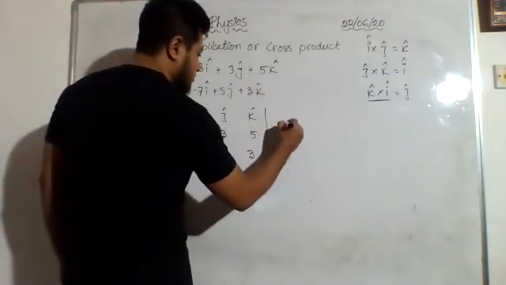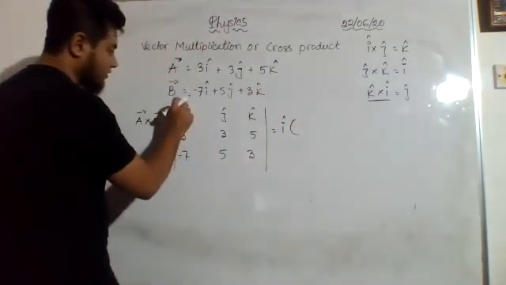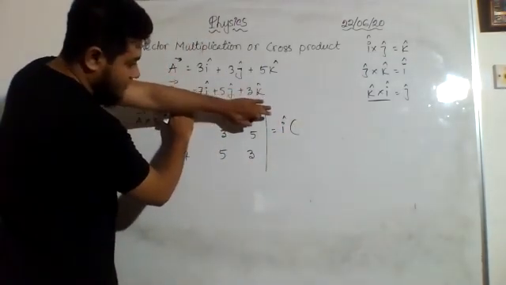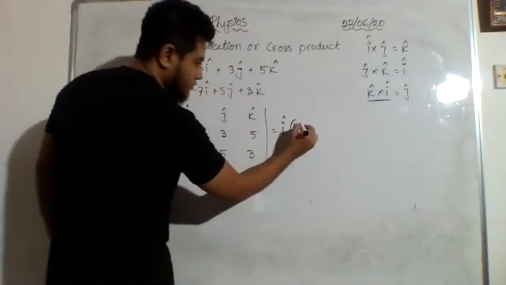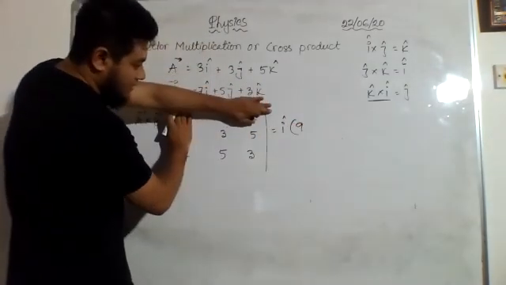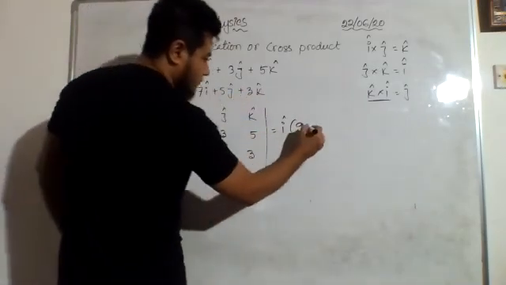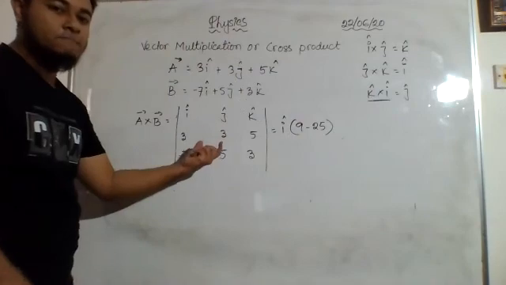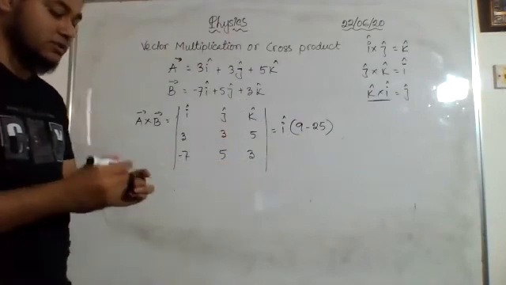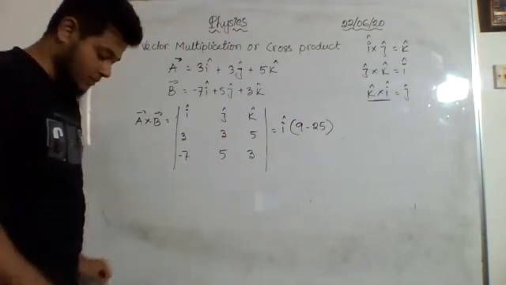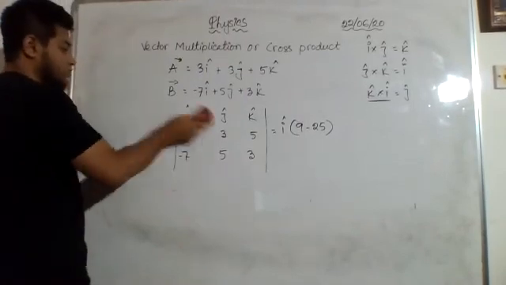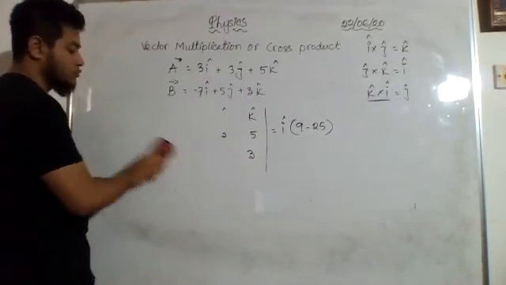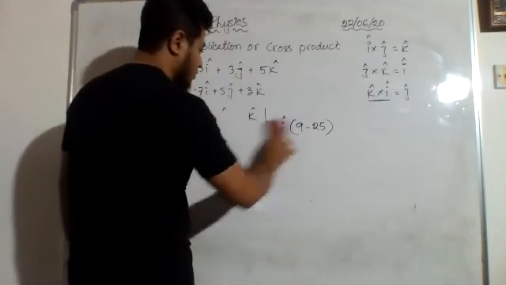You will take I, so you will cover this line of I: 3 into 3 gives you 9, then minus 5 into 5, 25. I think the rest you can do, for J also, for K also. So this is the application of this formula. It's better to show the application because you might be confused how to use this in numerical problems.